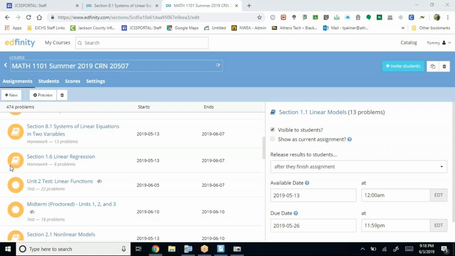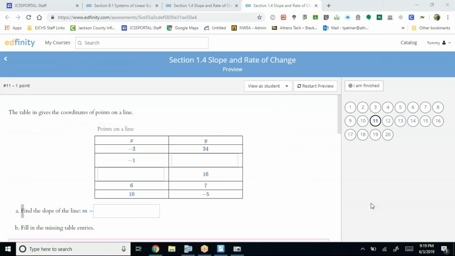All right, where do you want to go? Section 1.4, number 11, fill in the missing table. Here's what we'll do.